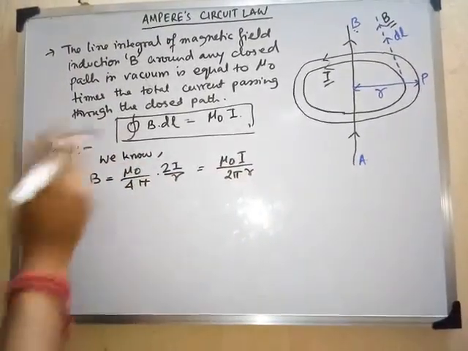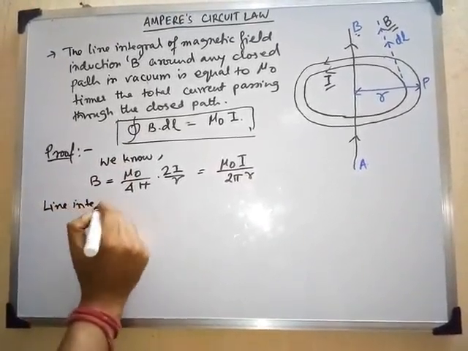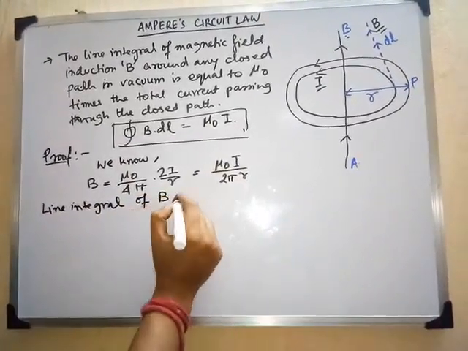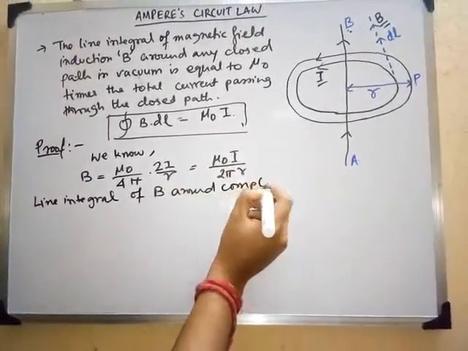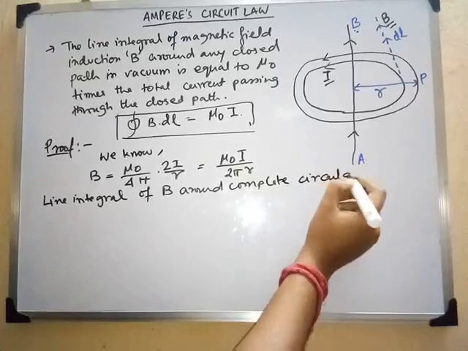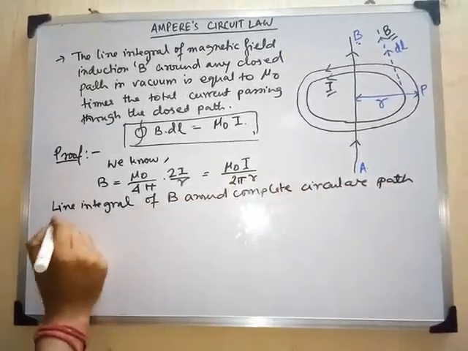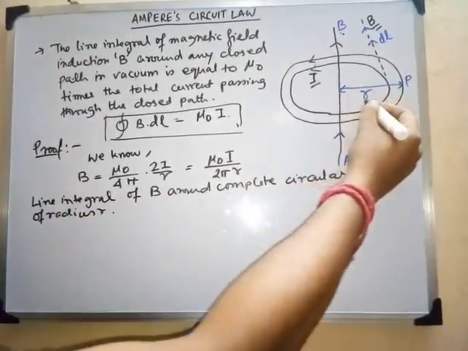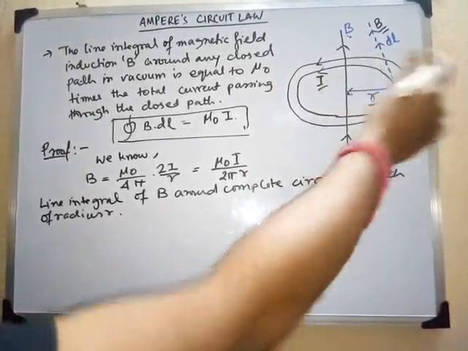So from here, now let us find out the line integral of B. We are going to find out the line integral of B around this complete circular path of radius R. See, I have taken this radius R from the center point to the circumference.